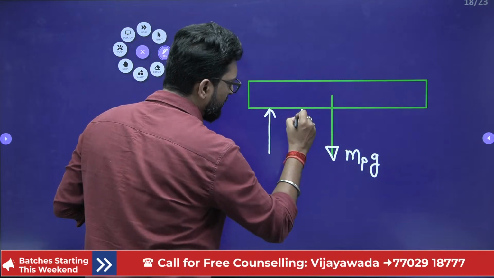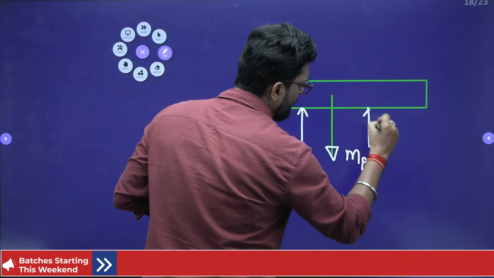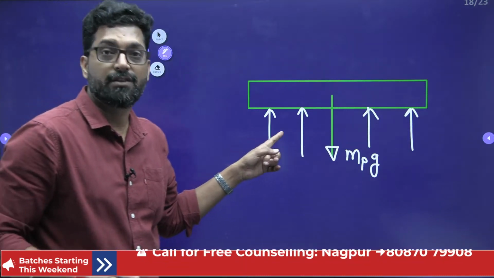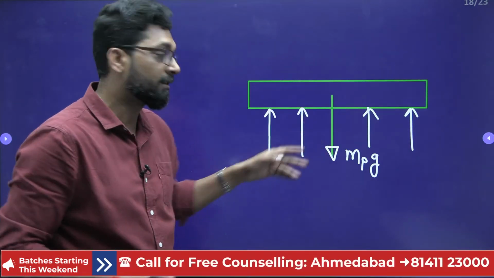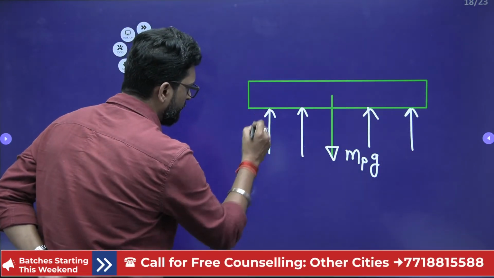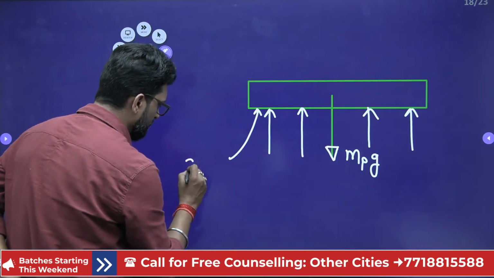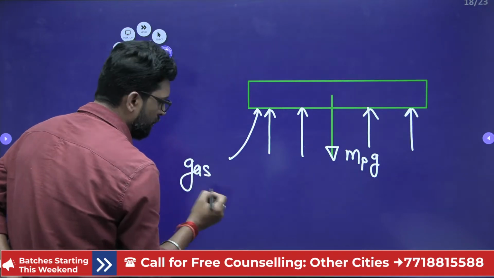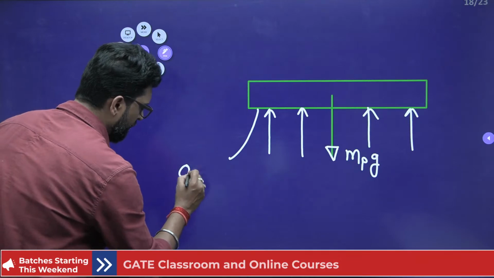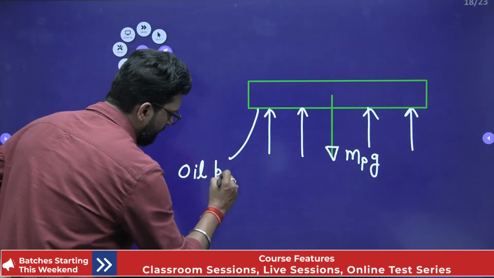Exerts a gas pressure inside it, and this gas pressure will be changing. It is not fixed. If there is a spring, this will change, so it is at any instant. That means this is your oil pressure.